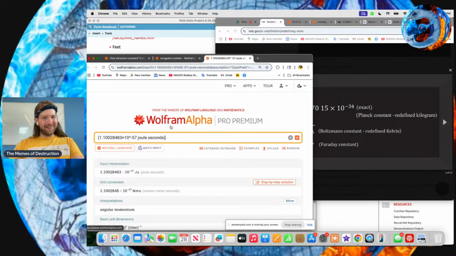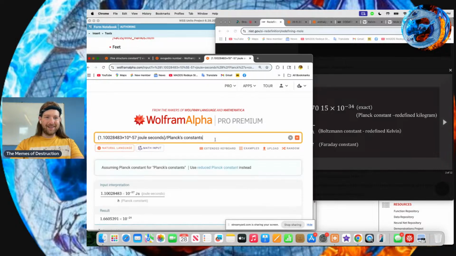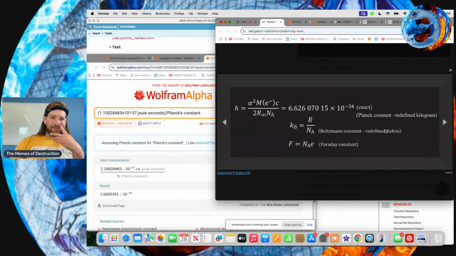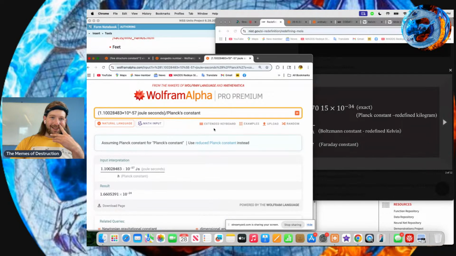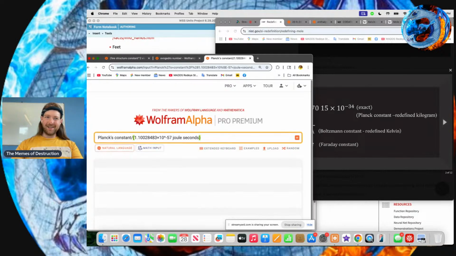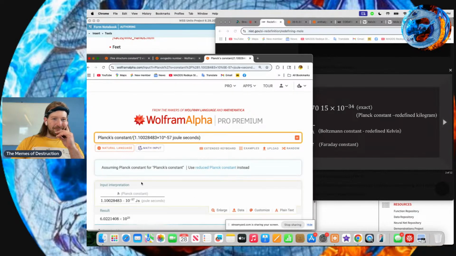Okay, so let's divide that by Planck's constant. So we should be in the same dimensions. Constant. Okay, so I suspect if I swap this around, we're going to get Avogadro's number. Yep. Okay.